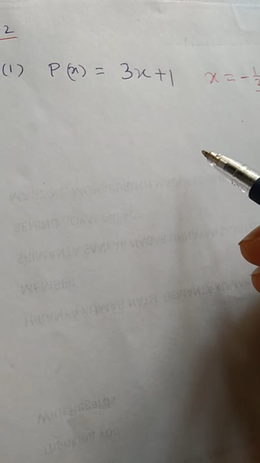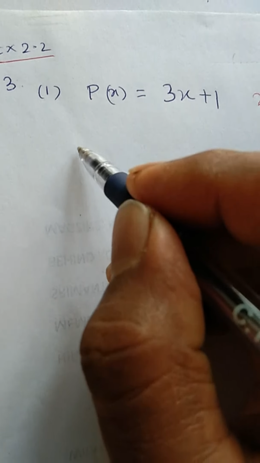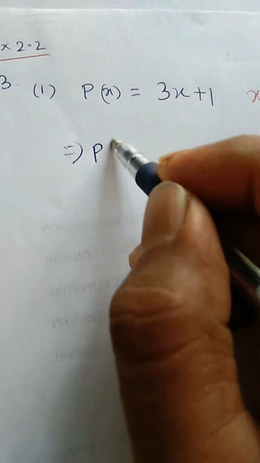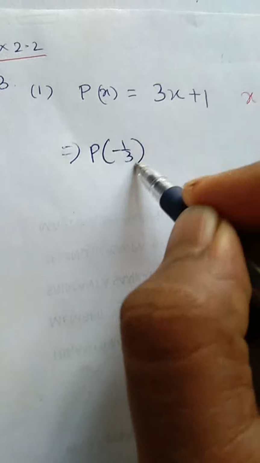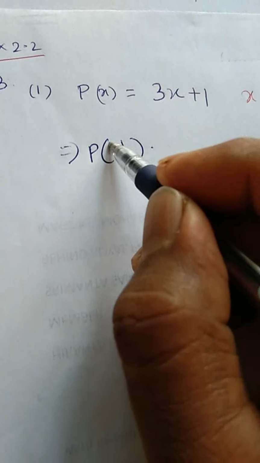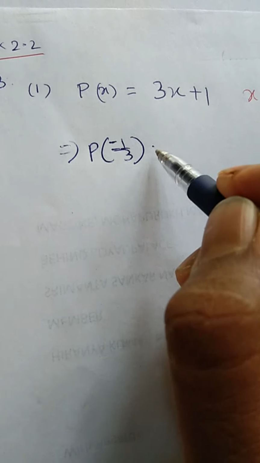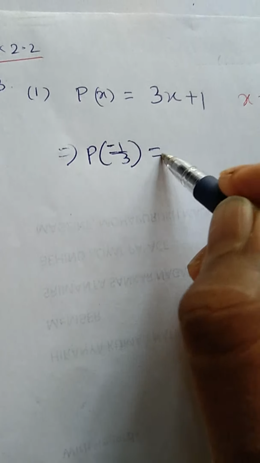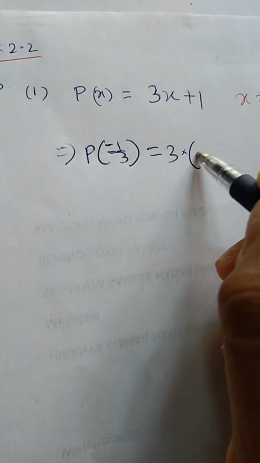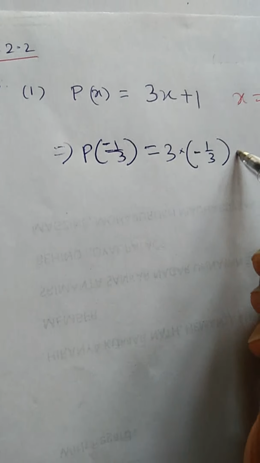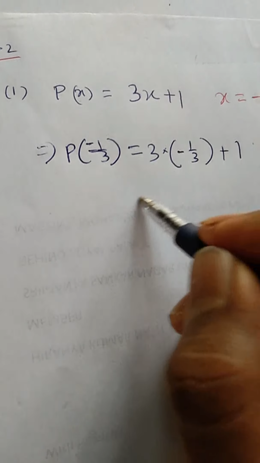So let us see. Here it is given x = -1/3. So if we put this and simplify, then we will get p(-1/3) = 3 into minus 1 by 3 plus 1.